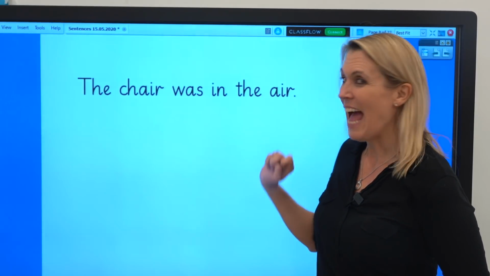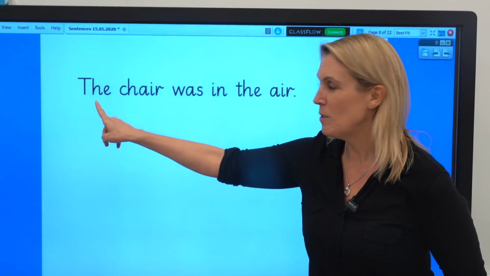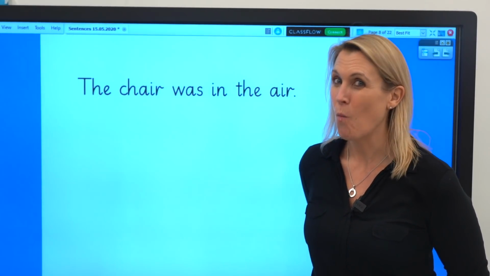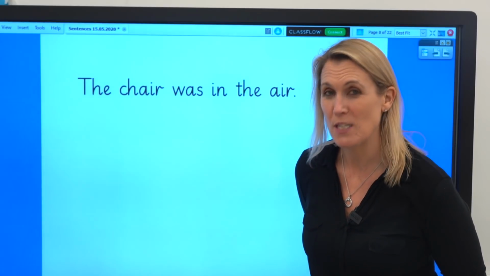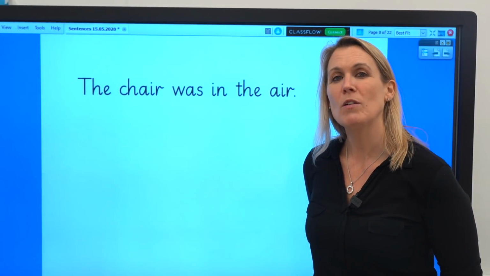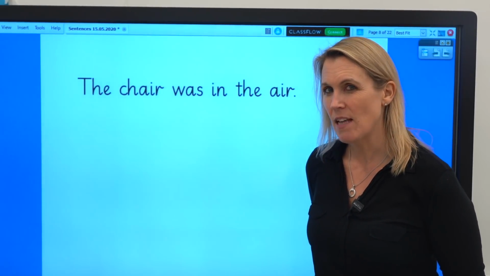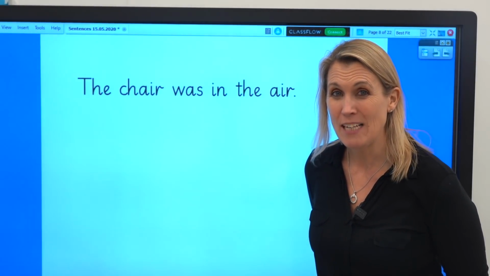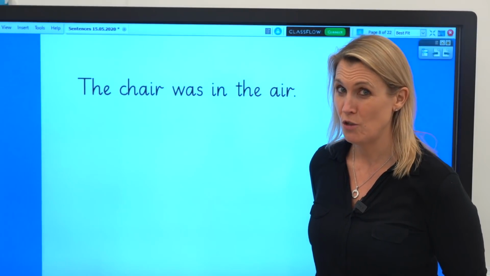Here it is. And did you spot it at the beginning of our sentence with a capital letter? Well done. Good spotting. Now, I want you to read aloud as I point to the words. Remember to sound out any words you are not sure of.